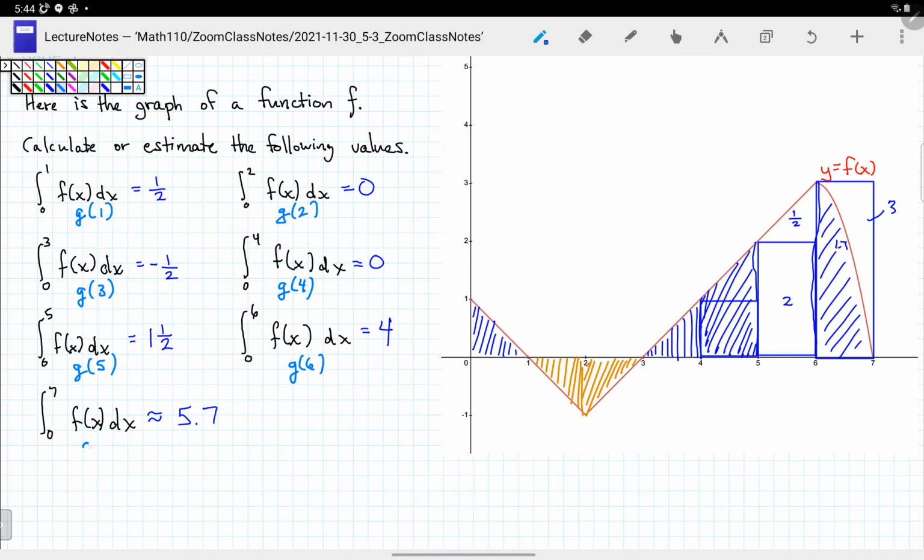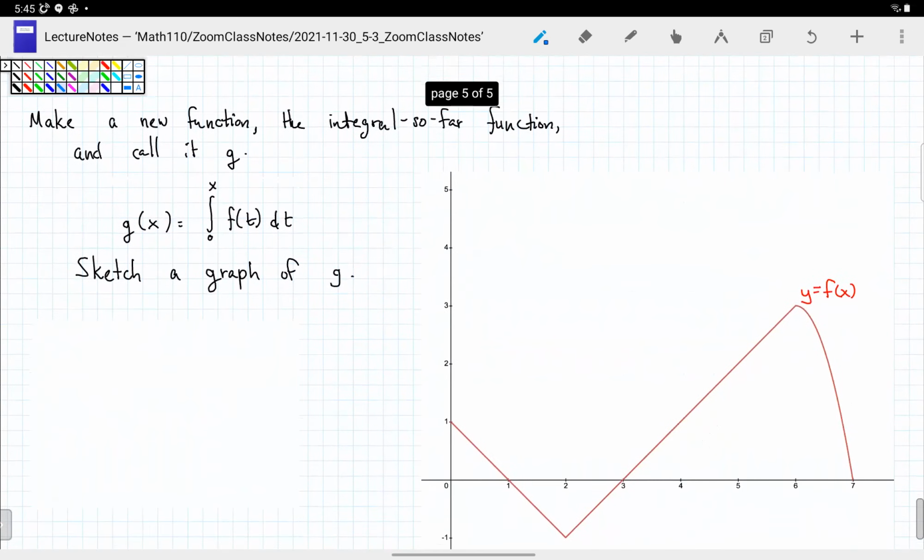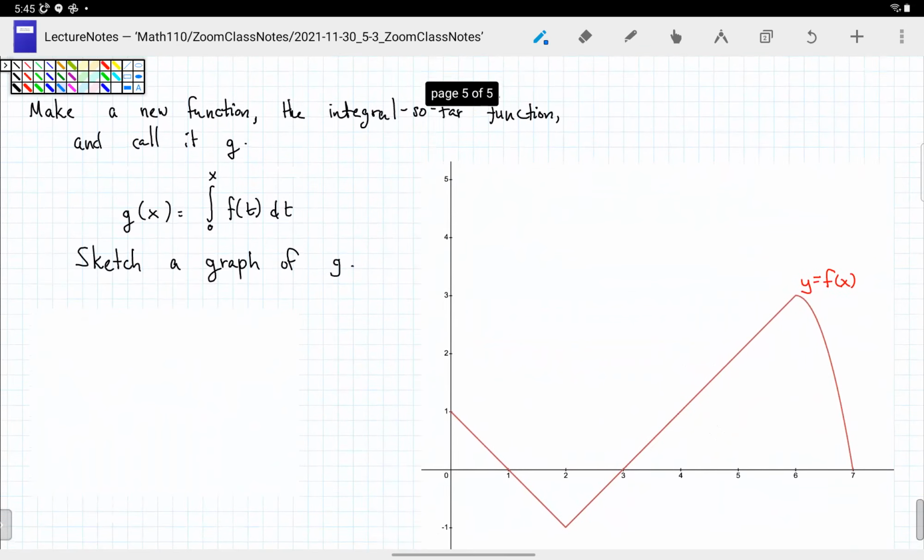So we could plot these points, right? g of 1 is 1/2, g of 2 is 0. But I want to think about this kind of organically as this integral so far function by following the graph of f and seeing how that translates into a graph of g.